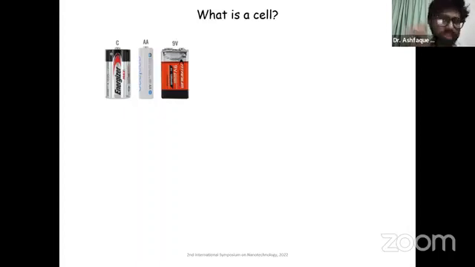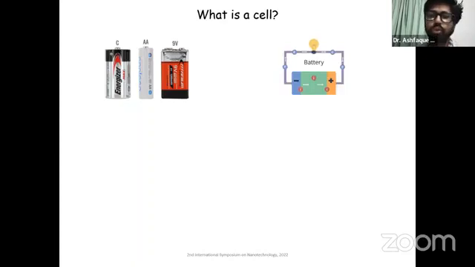One has a positive charge amalgamated, and the other has a negative charge amalgamated into it. So that is the basic structure of any battery, of any cell. There are two terminals, one positive, one negative, and when we connect it with an external circuit, that helps us carry the electricity.